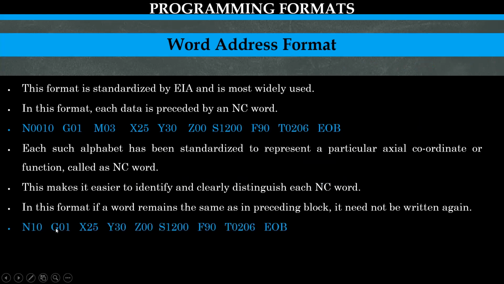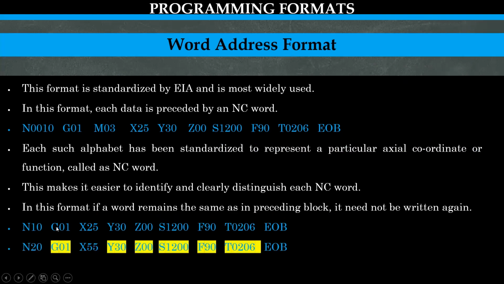For example, this is the first block, N10 block. Now in N20 block, G01 is not changed. So no need to write G01. Even there is no need to write tab for G01, which is the same.